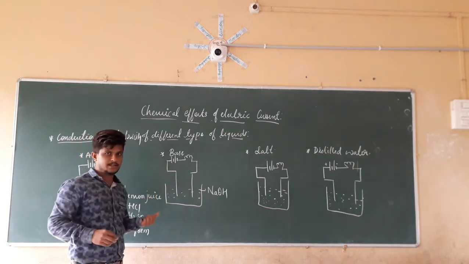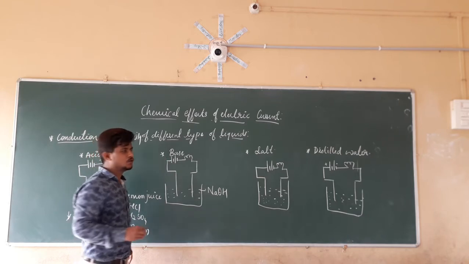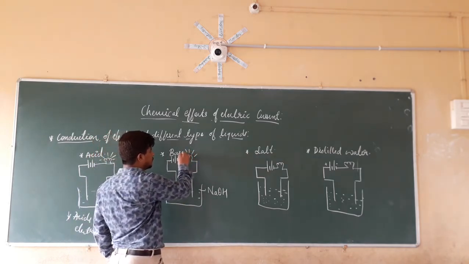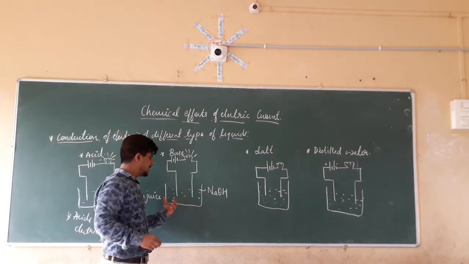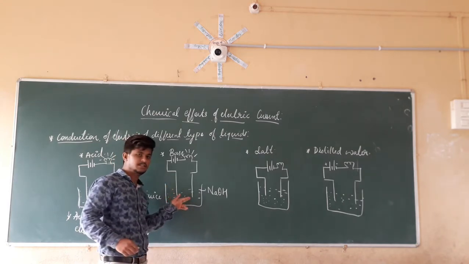If you switch on the battery, then the bulb is going to glow. Since it has a gap, but there is conduction of electricity through this liquid.